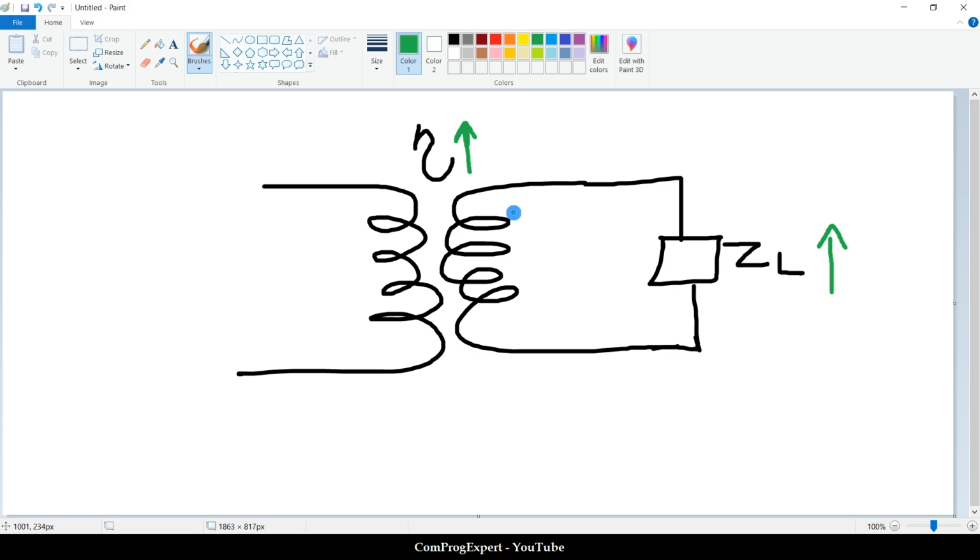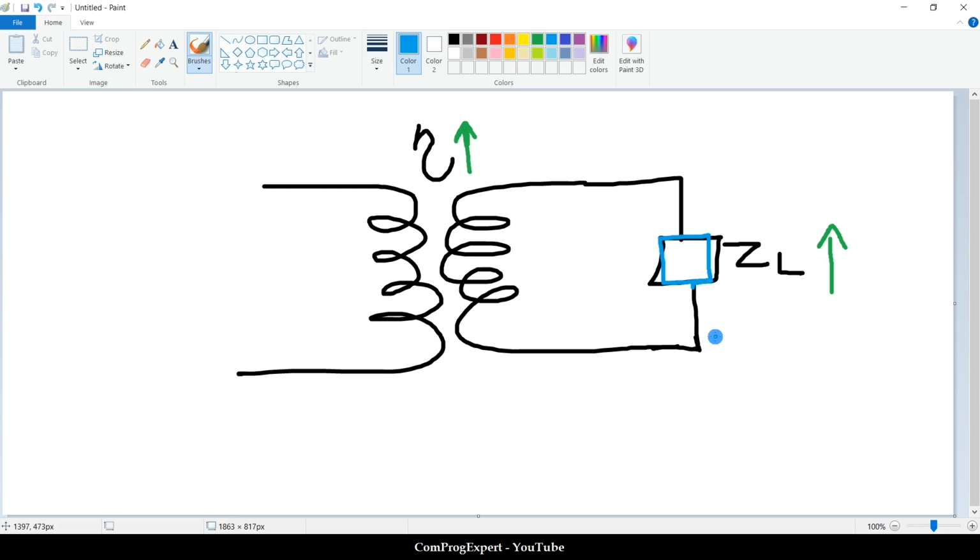You remember from the electric circuit theory course how we can improve the power factor of an inductive load. We can add capacitors, right?